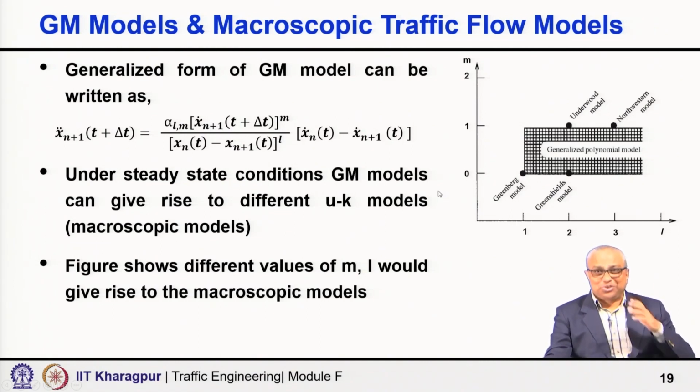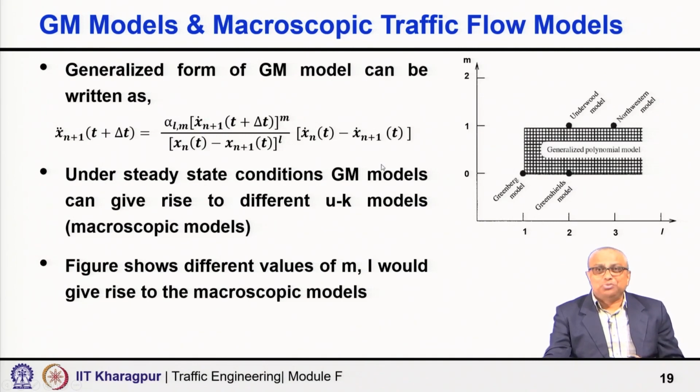actually I will stop here with this closing kind of statement. You can see that, depending on what values of L and M you take, the generalized GM model with specific different values of L and M can actually give you several microscopic models.